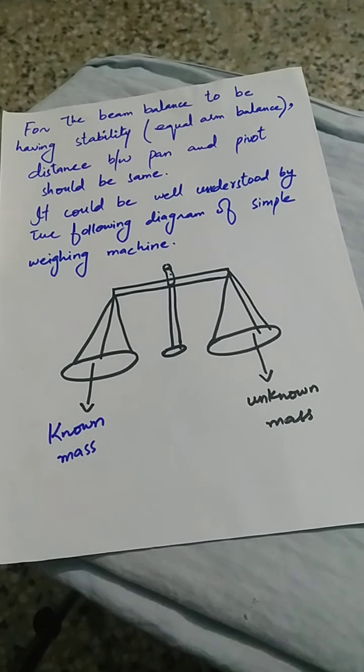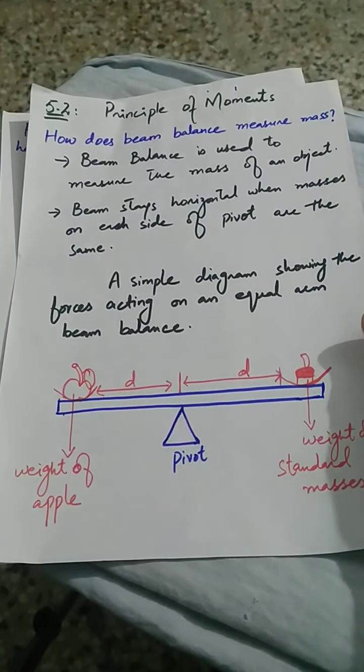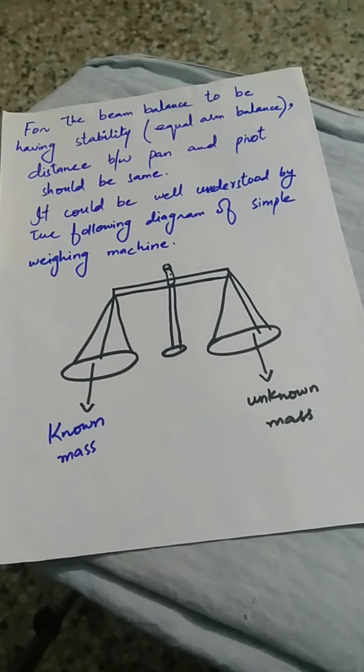Now, for the beam balance to have stability, as you have seen, both are in equilibrium, in a stable condition. So the distance between the pan and the pivot should be the same. It could be well understood by the simple weighing machine, which is normally a mechanical device used to measure the mass of an object.